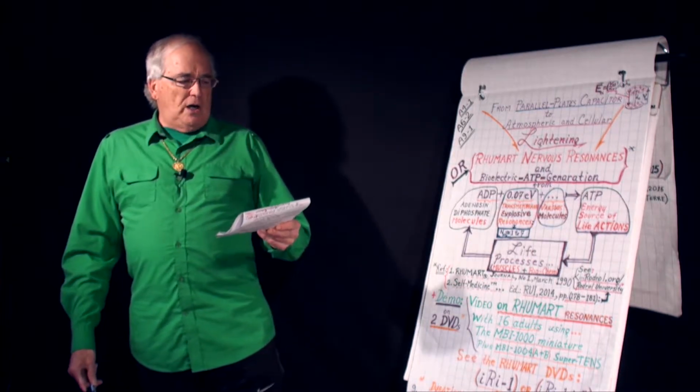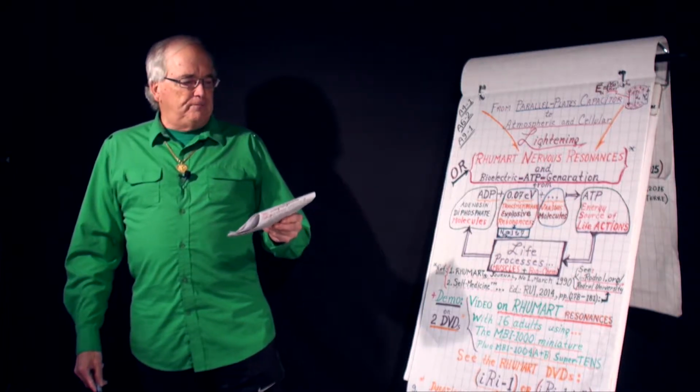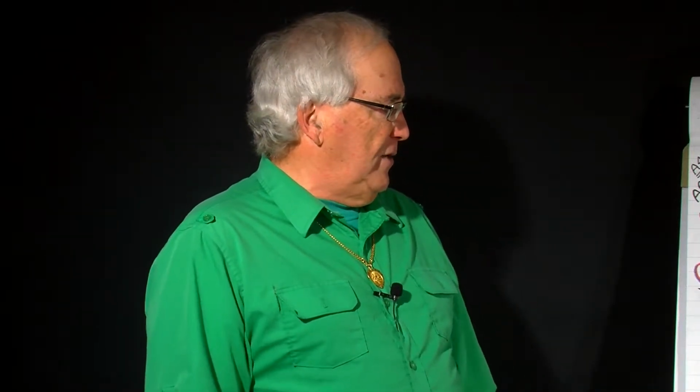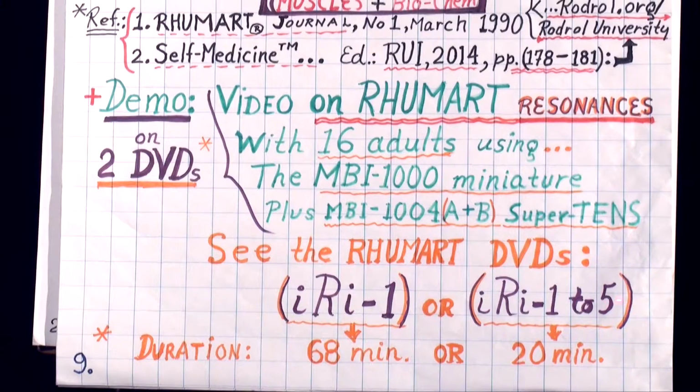Okay, so we're going to talk a little bit about that and about rheumatoid nervous resonance, the bioelectric impulse produced by the rheumatoid system, which is really in resonance with the synapse of the nervous system, as is well demonstrated in two videos, IRI1 and RII1 to 5.